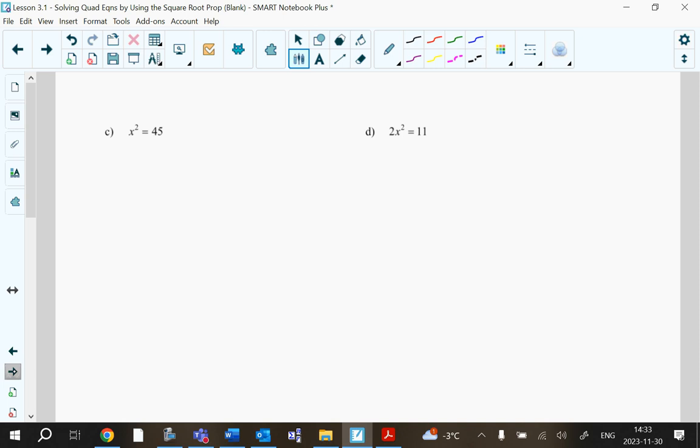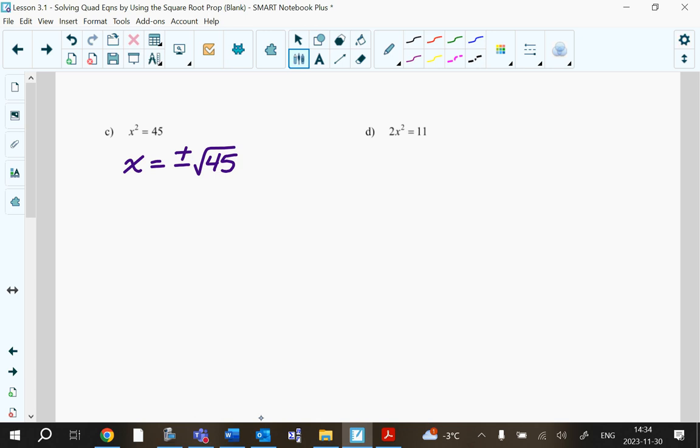How about this one? Well, x squared is by itself. How would you find x? The positive or negative square root of 45. Well, you can't do that and get an exact answer, but can it be simplified?